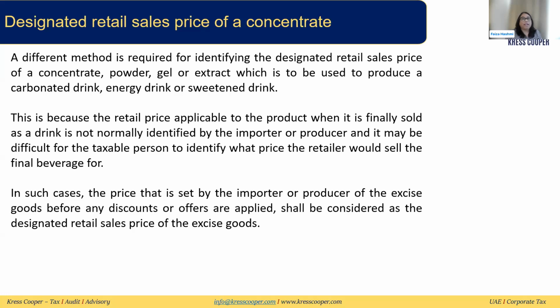For that, a different method needs to be used, because the importer and the producer will not be able to identify what price the retailer would sell the final beverage for. So in that case, the law says that whatever price is set by the importer or producer for excise tax, before applying any discounts or offers, is considered the designated retail sale price for the excise good.